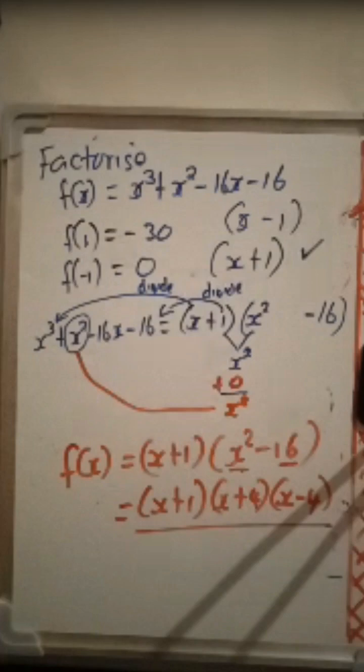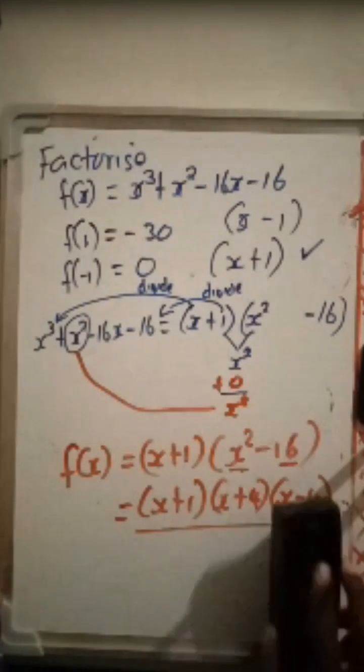I want to do another last example before I go to cubic functions. The last example is going to be done by you because I'll be asking you questions to make sure that we have understood.